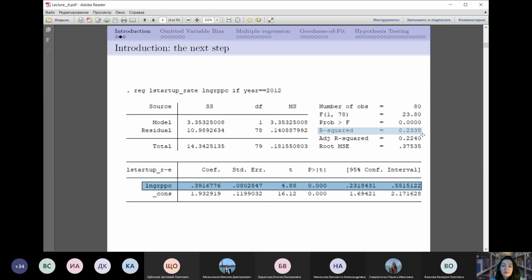We discussed that R squared could be a general indicator of model goodness of fit, yeah? So even if R squared is not very low, 23% of variation in regional startup activity we could explain with the gross domestic product.